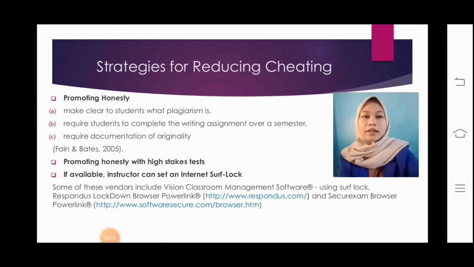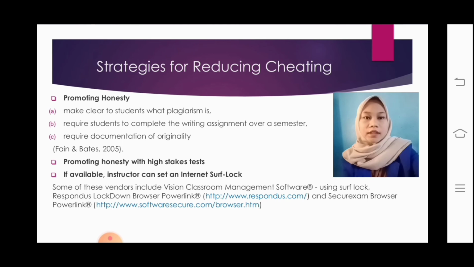Okay, after we know the types of cheating, we must know about the strategies for reducing cheating. There are some strategies that can be implemented to reduce cheating, such as promoting honesty.